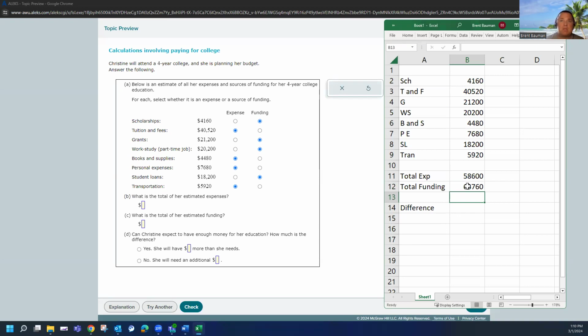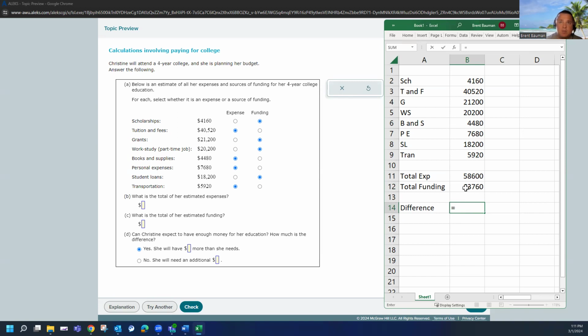Okay. So we have how much it's going to cost us, how much funding we have, and it's wanting us to know, can Christine expect to have enough money for her education? How much is the difference? So let's look. Our funding is more than the expenses. So yes, we will. And then we just need to find the difference.